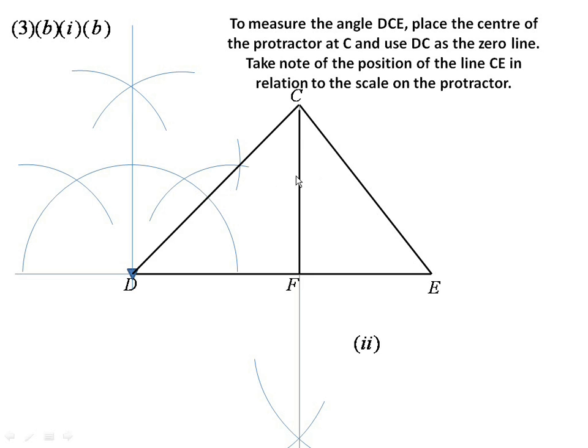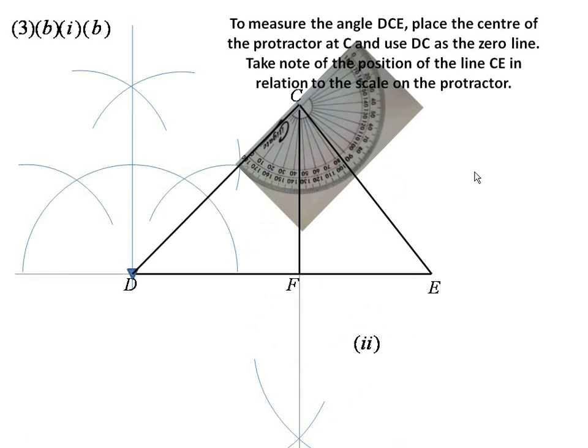So any one will do. But in this particular case, we are saying put the center of the protractor at C and use DC as the zero line, like so.